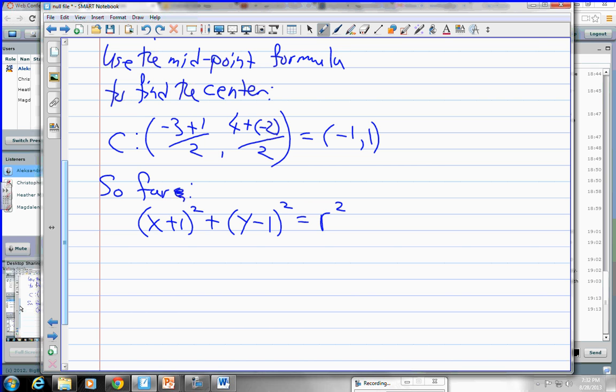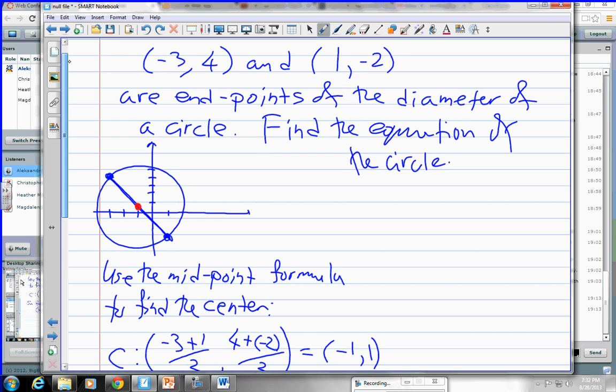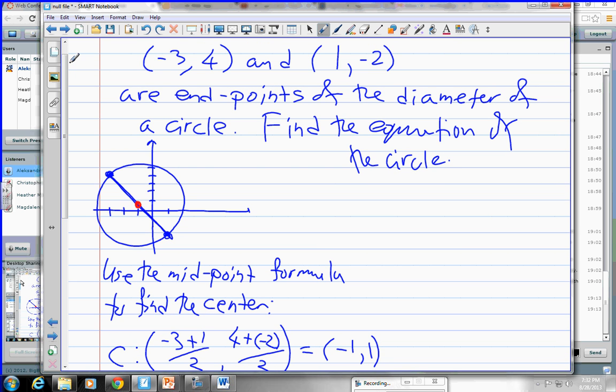Okay? How to find that r? Sure. I can use the distance formula. Distance between what and what? Midpoint and one of the endpoints. That's right. I can use the distance formula to find the distance between the center and any one of those endpoints. That'll give me the radius.